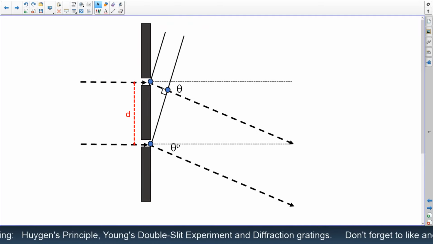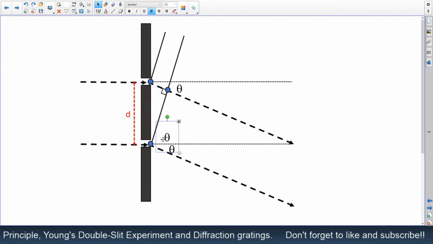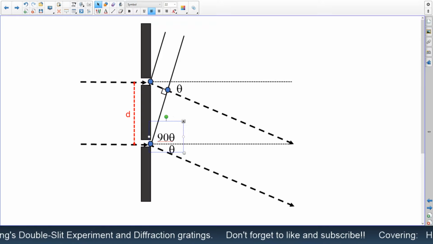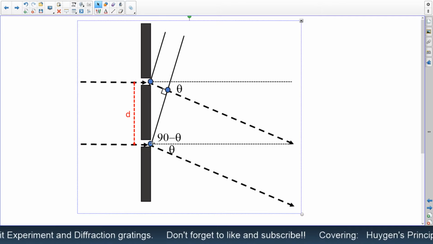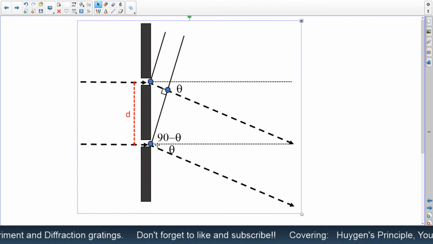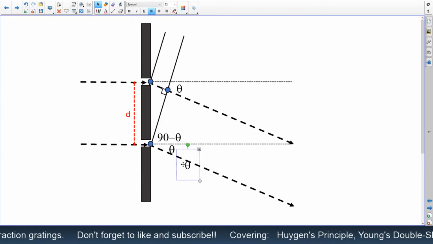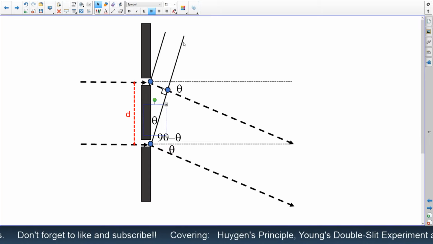Agreed? Hope so. Which means that this angle in here, because this is a right angle, is 90 minus theta, because that is a right angle, because that's the direction of travel, which is at right angles to the wavefront itself, which makes this angle in here theta. And this is what we care about, so let's label that.